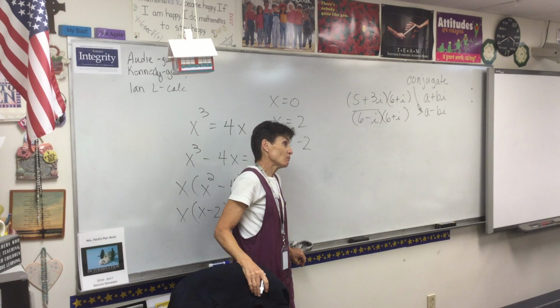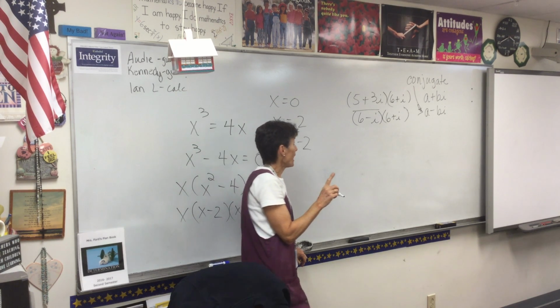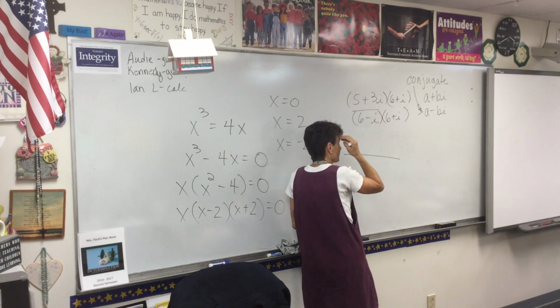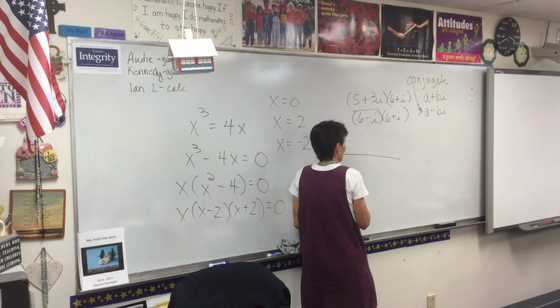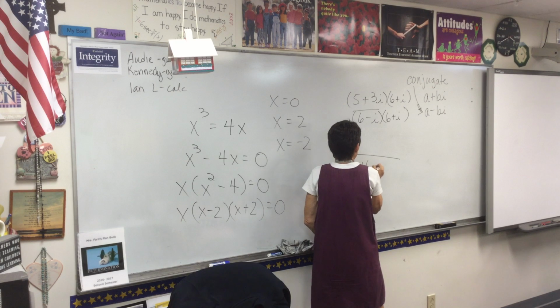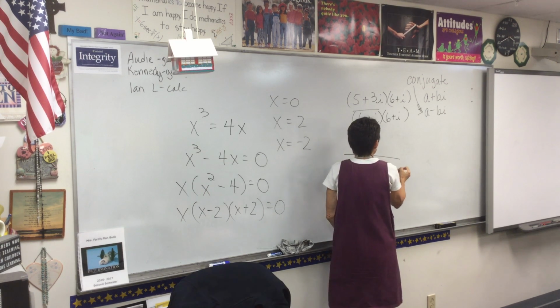Now, maybe you've forgotten why we do that. Well, you're going to see in a minute. Hold on to your hats. Let's FOIL the bottom. So, first, outside, inside, lasts.